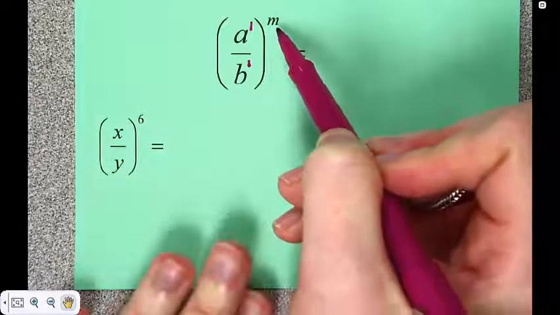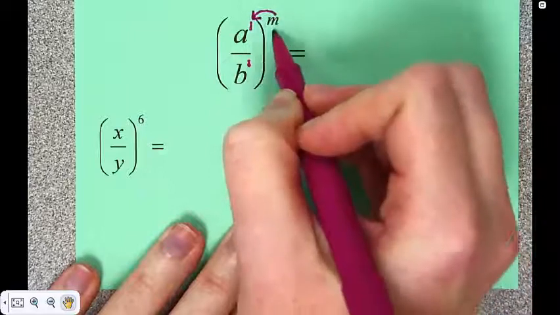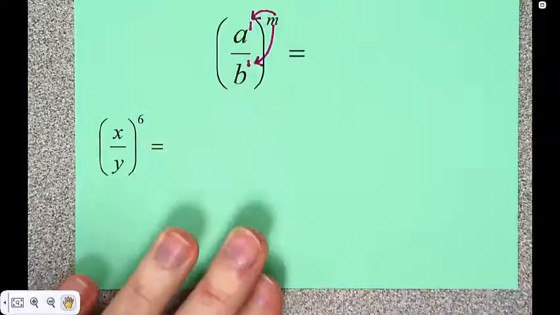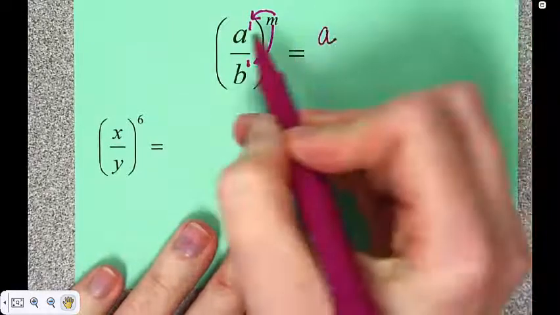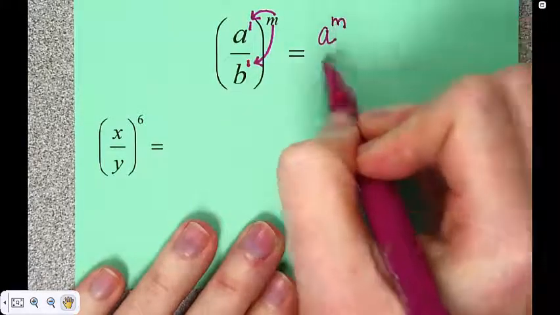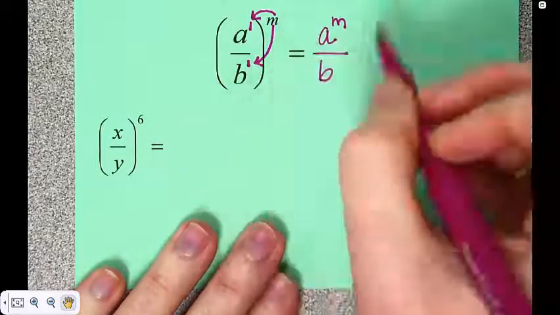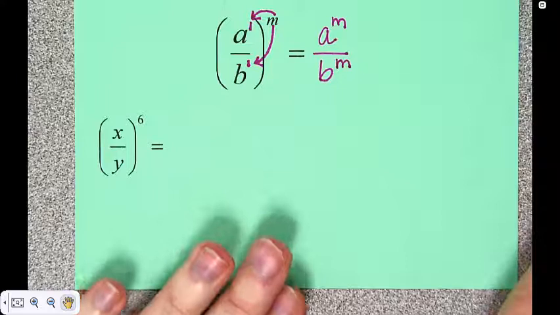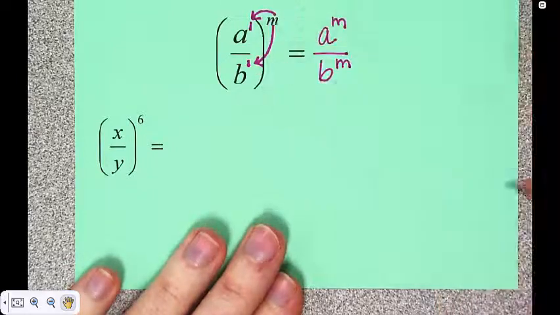Well, you do the same thing for division, except we're going to be multiplying it times this number and multiplying it times the denominator's power. So we would have a to the 1 times m, which is m, over b to the 1 times m, which is m. So essentially, we're distributing this power to the numerator and to the denominator.